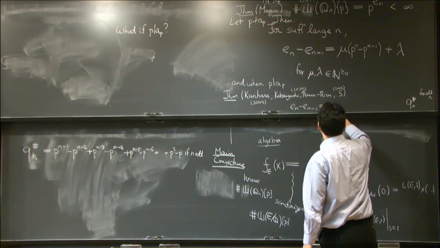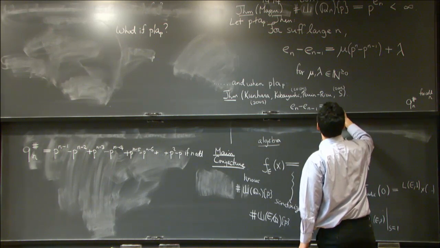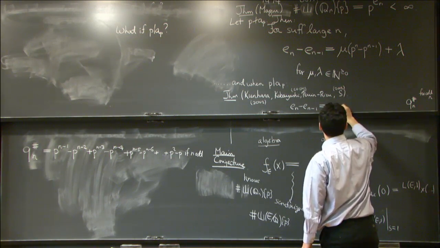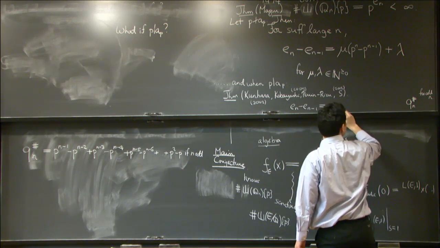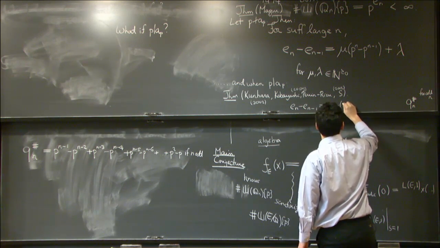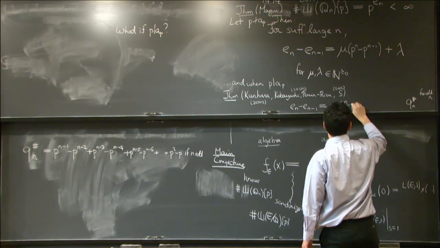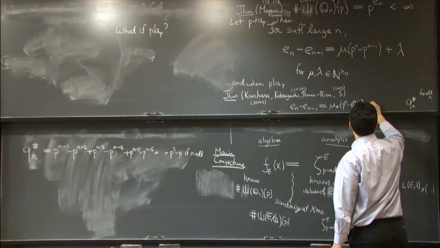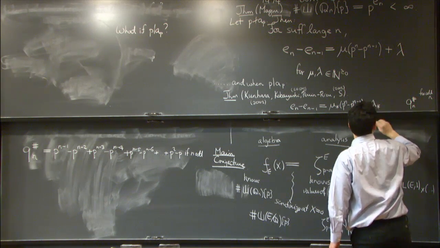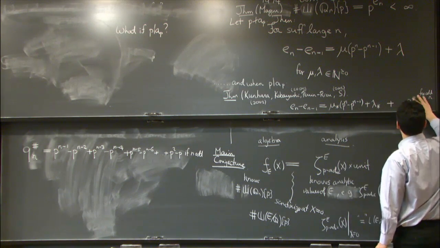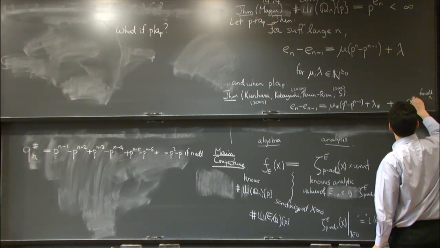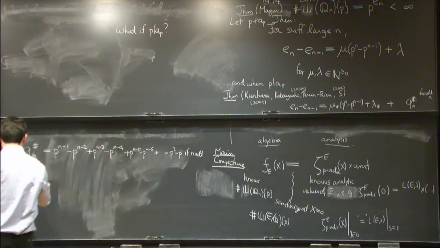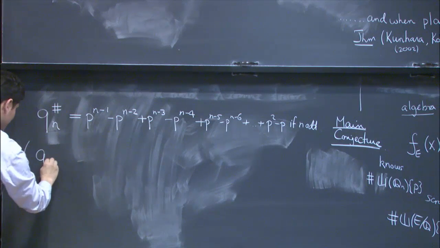And it states that e_n minus 1 in general is equal to this formula here: some mu times p to the n minus 1 plus lambda star. Let me call this term q_n star. So there's a similar definition for q_n flat.